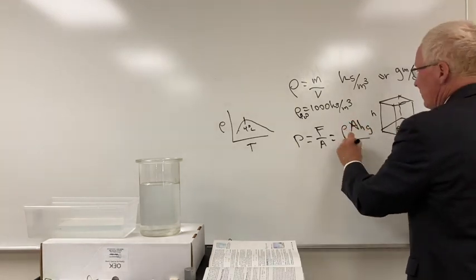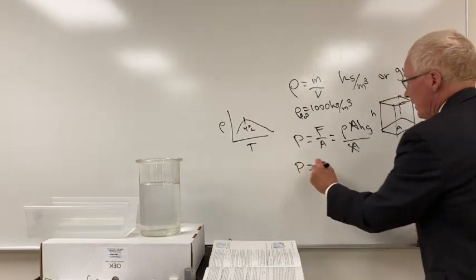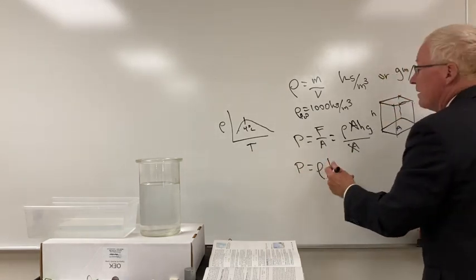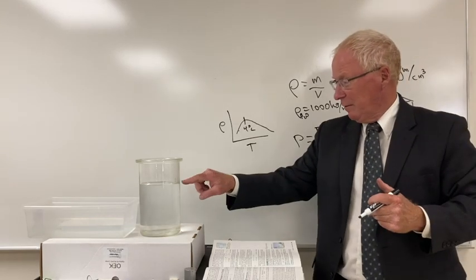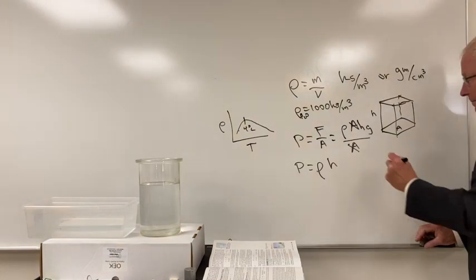So A cancels out. So the pressure of a fluid is given by rho times the depth of the fluid, in this case from this point to this point, times g.